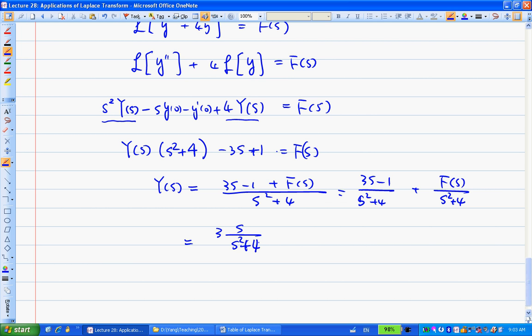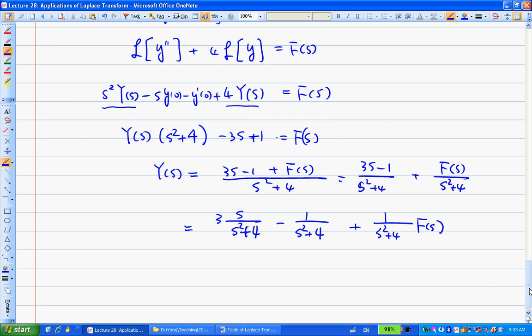The other one is 1 over s squared plus 4. And then here is 1 over s squared plus 4 multiplied by F of s. So nothing really changed, just written in a better way to look at it.